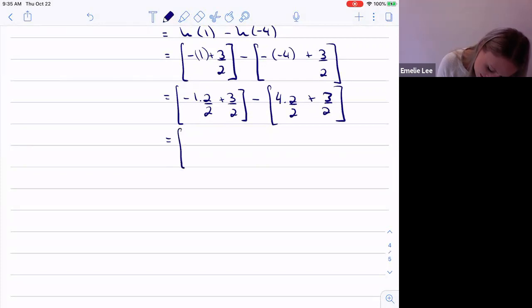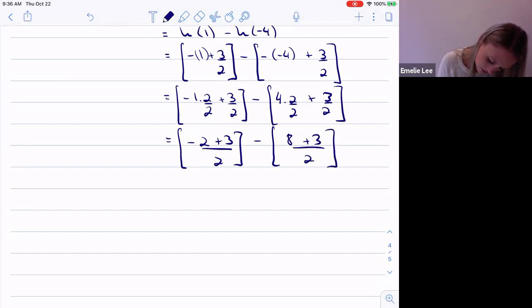So I've got negative 2 over 2. In fact, I'm just going to put them over that common denominator right away. Negative 2 plus 3 over 2 minus 8 plus 3 over 2.